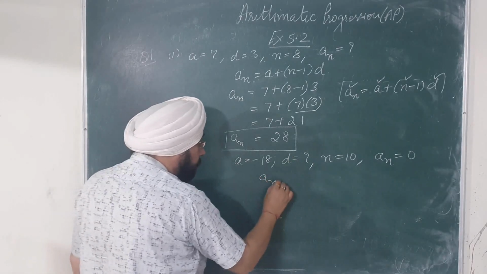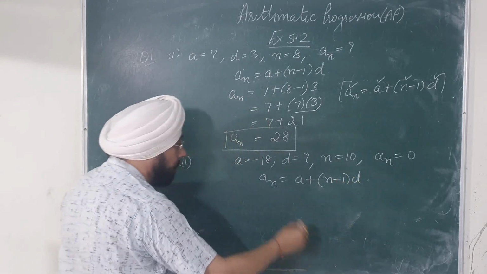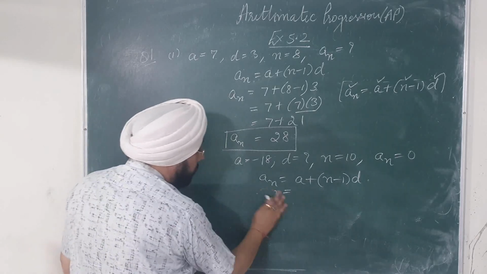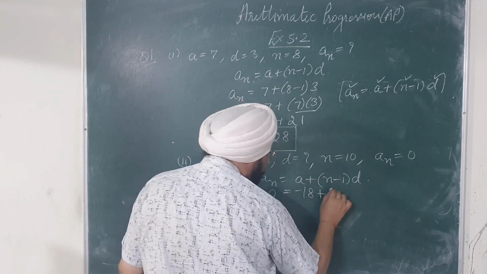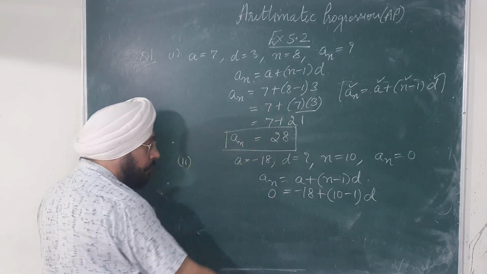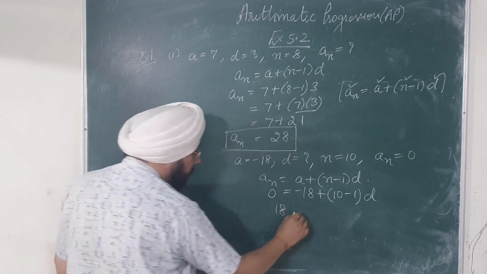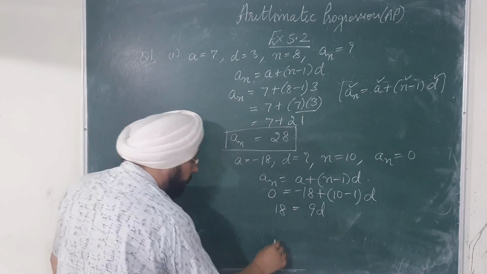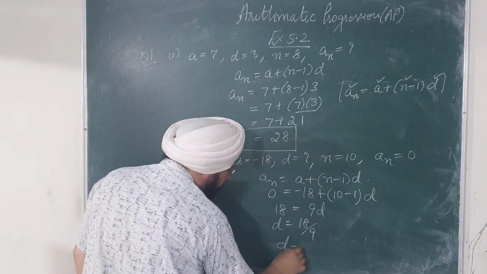So again apply the formula and substitute the values. This is 0 = -18 + (10 - 1)d. According to BODMAS, first of all bring this -18 to the left hand side, that becomes a positive 18, and 10 - 1 becomes 9d. Bring 9 to this side, we get d equal to 18 divided by 9, which is equal to 2.